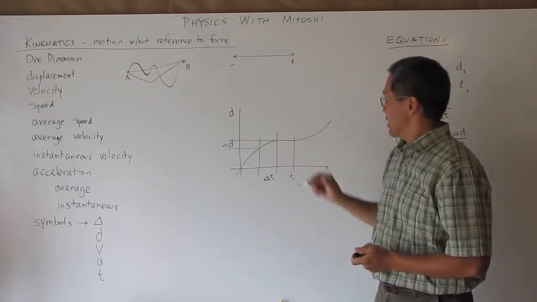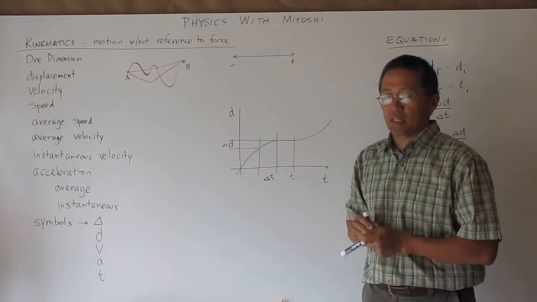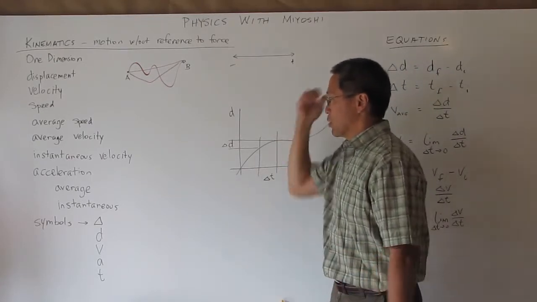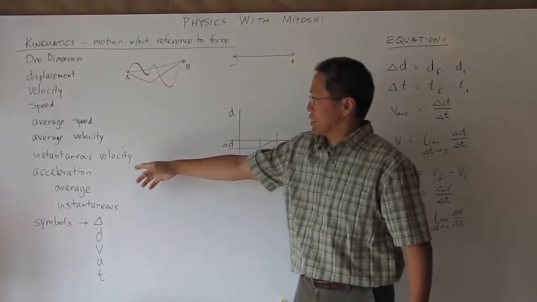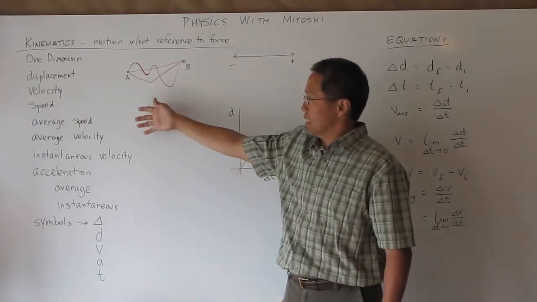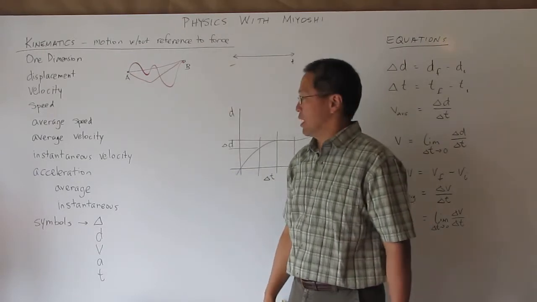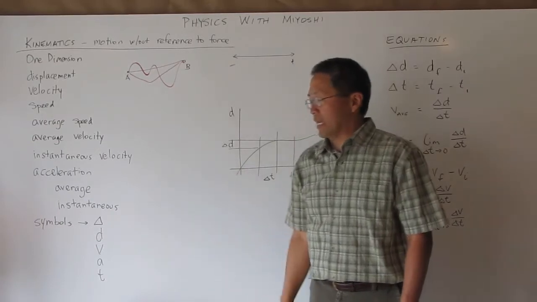Whatever velocity it has there, that's our instantaneous velocity. We'll talk about that more as we go along, and I'll give you a little equation in a minute. Acceleration is very similar to velocity. It's just the change in our speed or change in our velocity. And again, we have average and instantaneous.